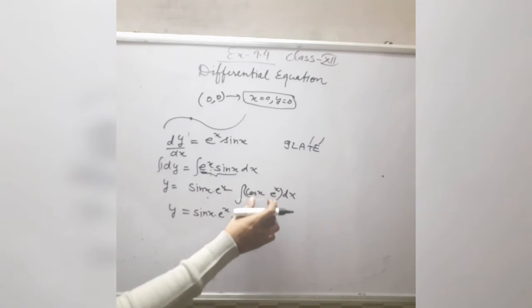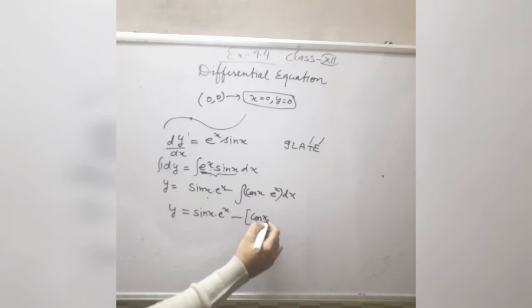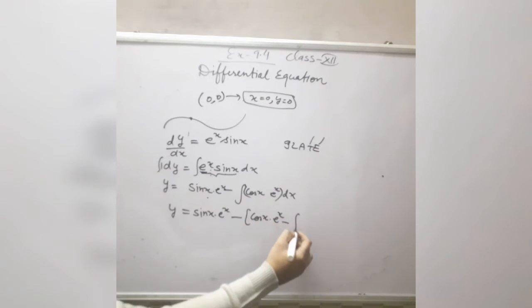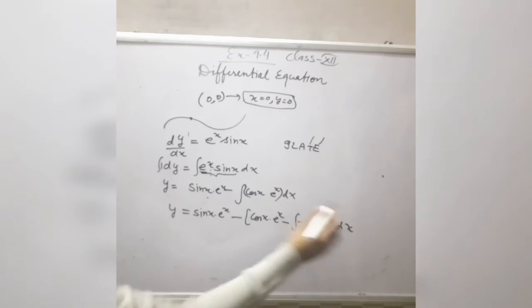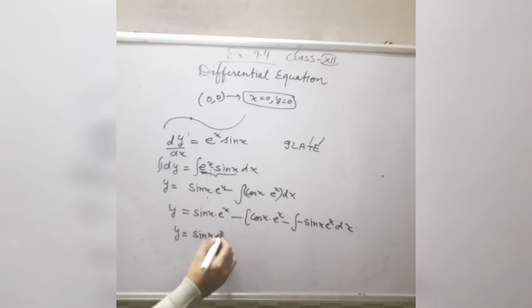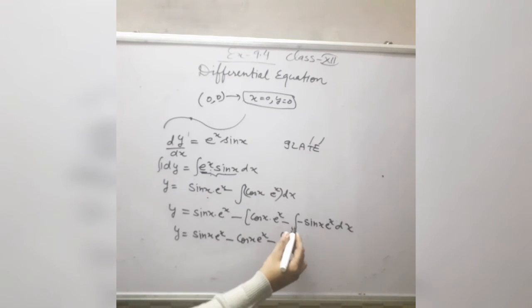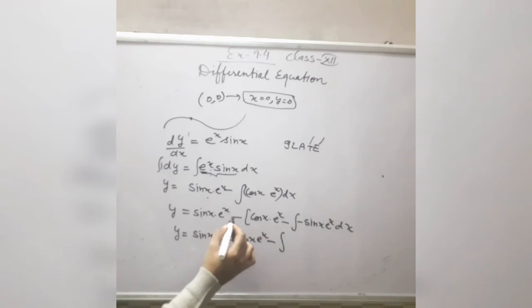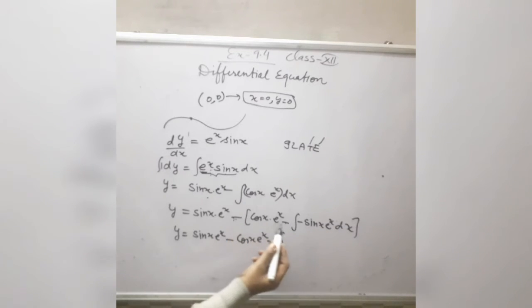Now the integration of this, again by using integrating by parts. So here u remains as it is, cos x, integration of v, minus integration sign, derivative of u, integration of v, then the whole integration. So this equals y is equal to sin x e raised to power x minus cos x e raised to power x, and the minus outside, when you take it inside, then with three minus signs, minus, minus and minus, it becomes a minus.